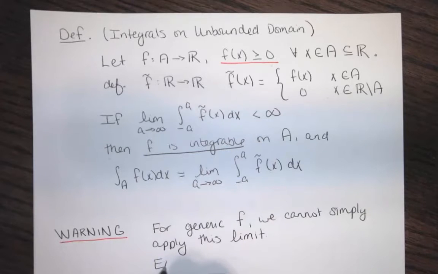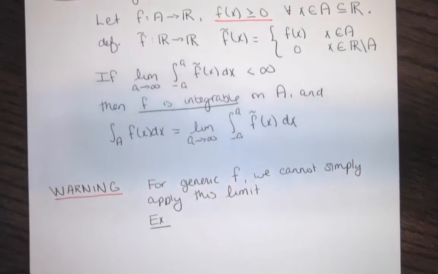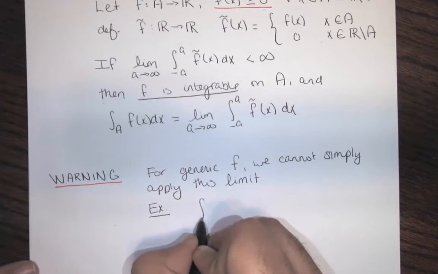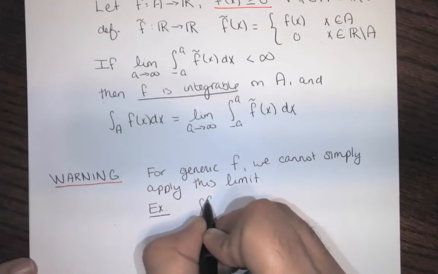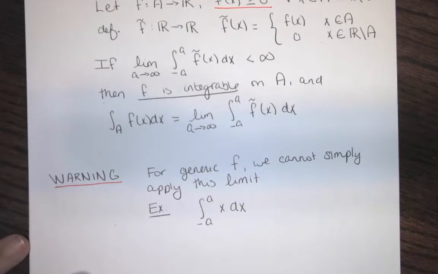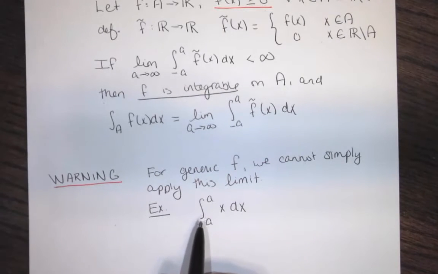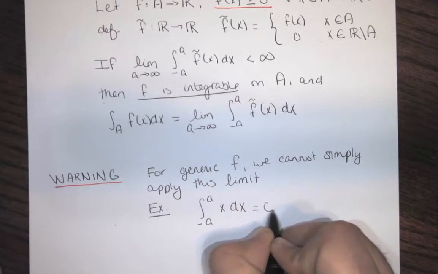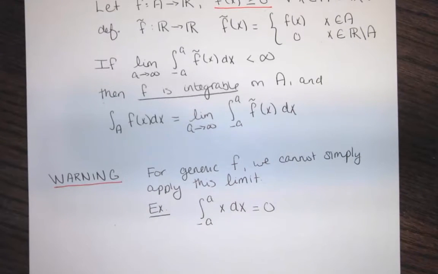For example, this integral from negative a to a of x is equal to 0, because from 0 to a, it is the area of a positive triangle, and from 0 to negative a, the negative area of a triangle of the same size.